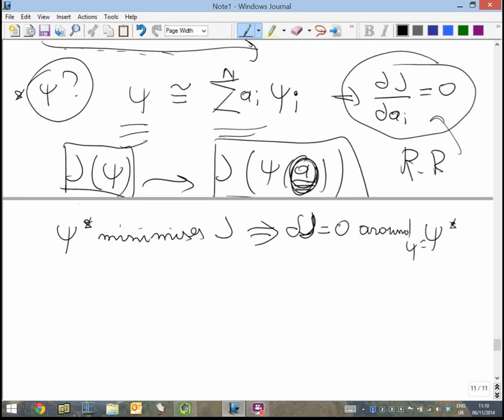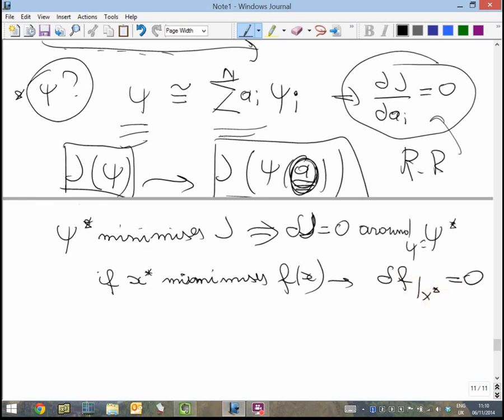This is a very similar statement to saying that if I have a regular 1D function, and x star minimizes a certain function f of x, then you also know that the variation, which is another word for derivative here, of my function in the neighborhood of my solution x star will be equal to 0.